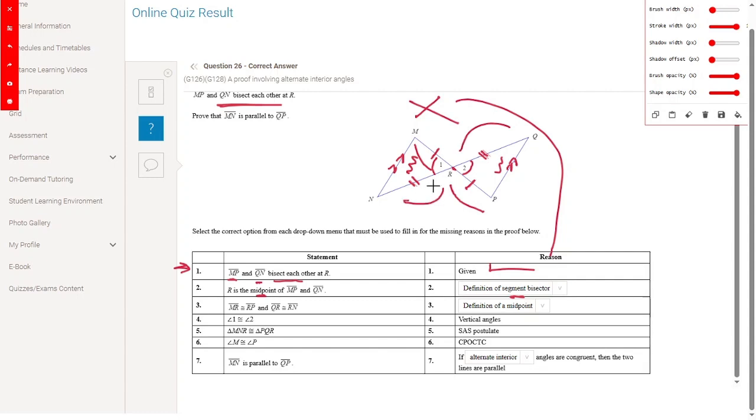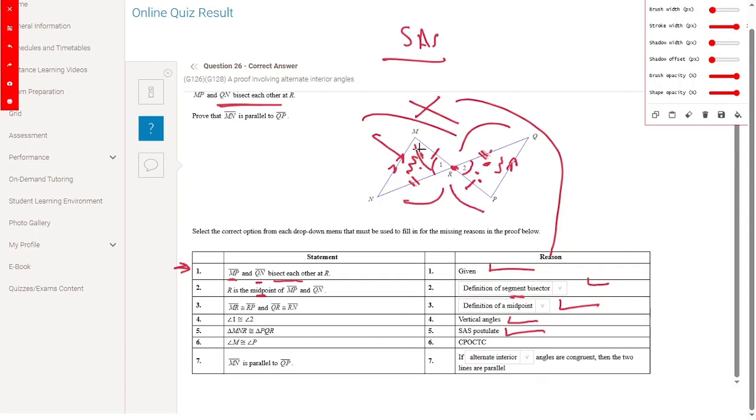This is the definition of the midpoint. Now angle 1 is congruent to angle 2, these are vertical angles. So this triangle will be congruent to this triangle, because we have side, angle, side equal to side, angle, side. So it will be the SAS postulate.